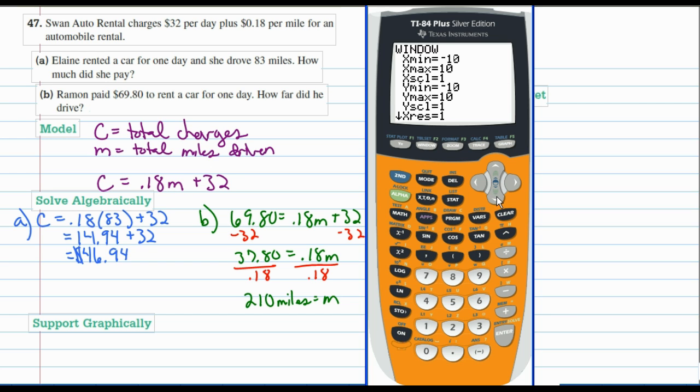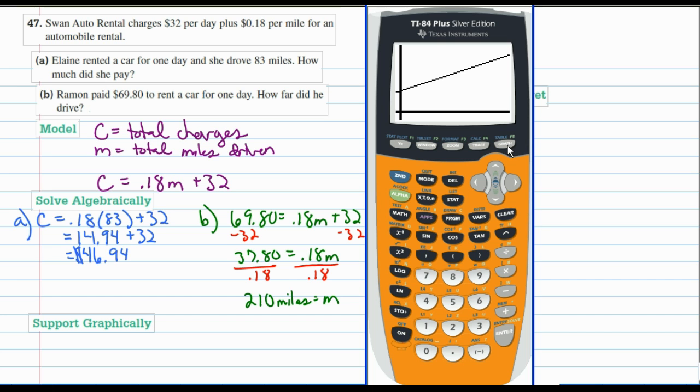So I'm going to change my X max to 300 miles. 250 might be fine, but I'm going with 300. The Y values are C, the cost of this rental. I've got $46.94 or $70. I'm going to go up to $100 for my Y max. And then hit graph.